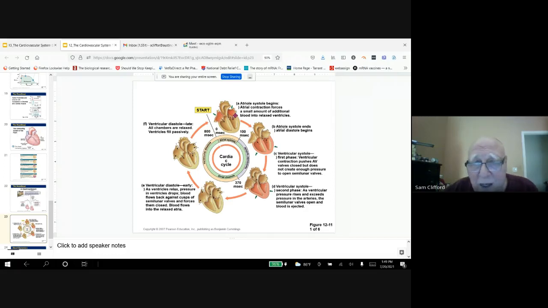But there has to be a relaxation for the atria to fill, and then for the atria to contract, and then once the ventricles receive their blood, you have contraction of the ventricles. So it's a step-by-step process with contraction and then relaxation. In relaxation, the chambers of the heart can fill with blood, starting with the atria.